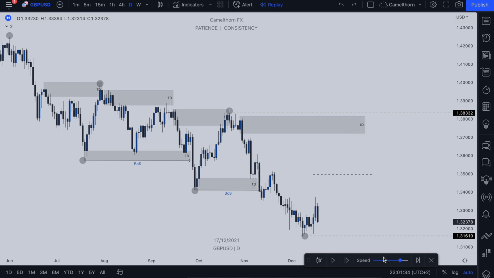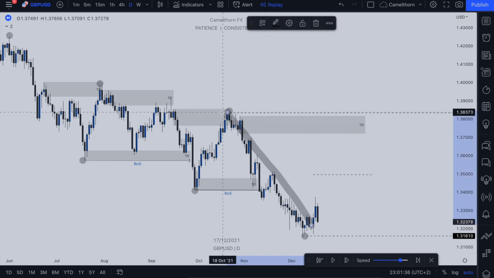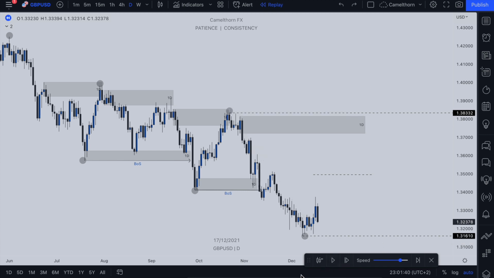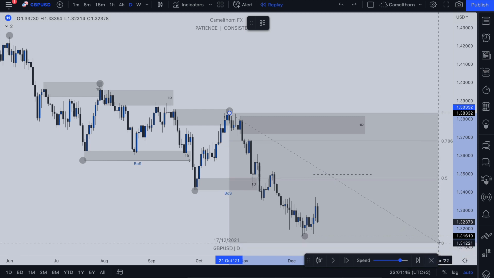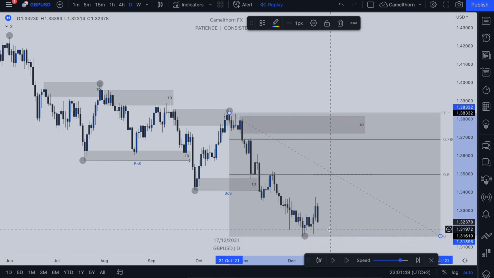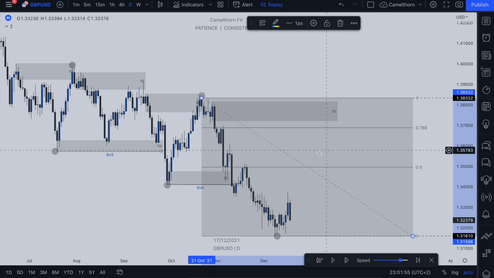All right, now after we identified our most recent daily leg, we go ahead and mark out our discount and premium pricing. So you basically go from swing high to swing low. And remember, we've spoken about this in our how to improve your win rate video. Now you can see that our equilibrium point is the 50%.